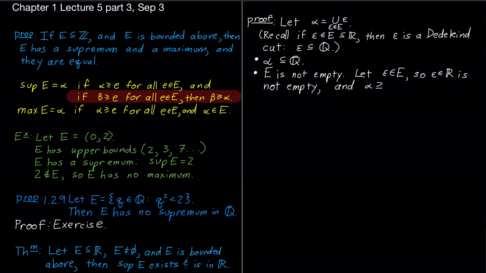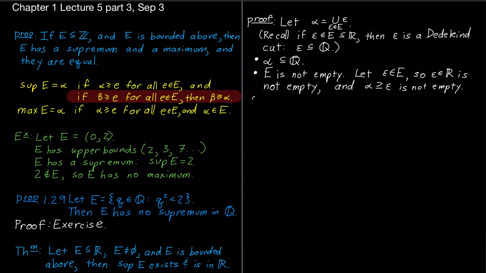And alpha is a union of a bunch of things, including epsilon, so alpha contains epsilon and is not empty. So alpha is a non-empty set of rationals. We're trying to show alpha is a real number, which means we're trying to show it's a Dedekind cut.